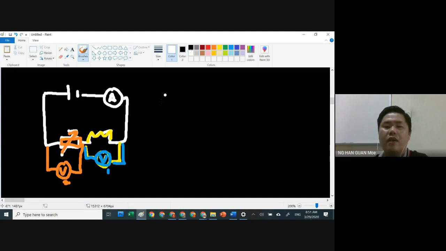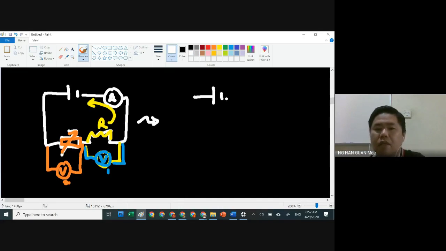Okay, so this circuit, if I try to change it a little bit, I shift the position. I pull this R and put it closer, connected. It's still connected in the one circuit, but I change the positions. So I put it side by side, and then I change it to the symbol for the resistor.